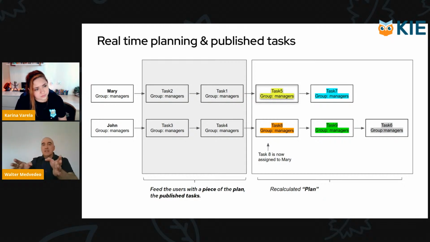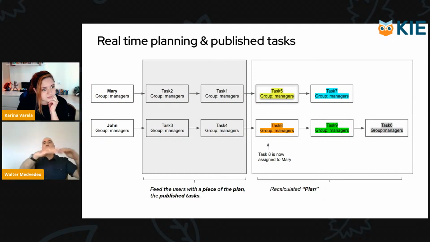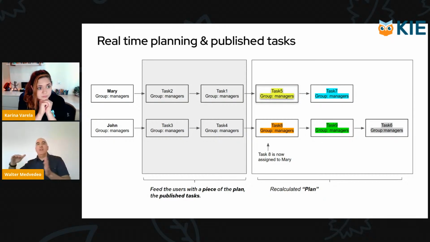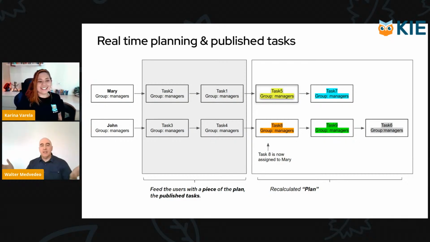This published task we will never change, because if you imagine that your boss comes to you and says, okay, Karina, do this and this, and then your boss comes 5 minutes after and says, no, no, no, Karina, now the plan is that you have to do this and this, and you change, that's not completely good. You follow me?